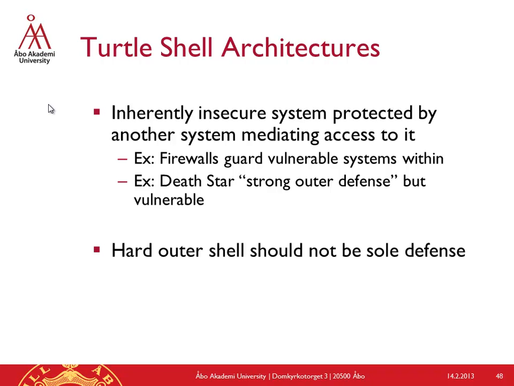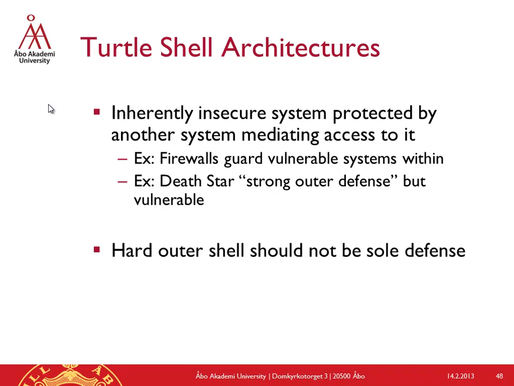Another interesting example of better architecture for security is the so-called turtle shell architecture. What does it mean? We have an insecure application, and some sort of cover for this application that provides security for it. A well-known example is the firewall, where we have an internal network that is not protected inside, and the firewall tries to protect it from outer threats.